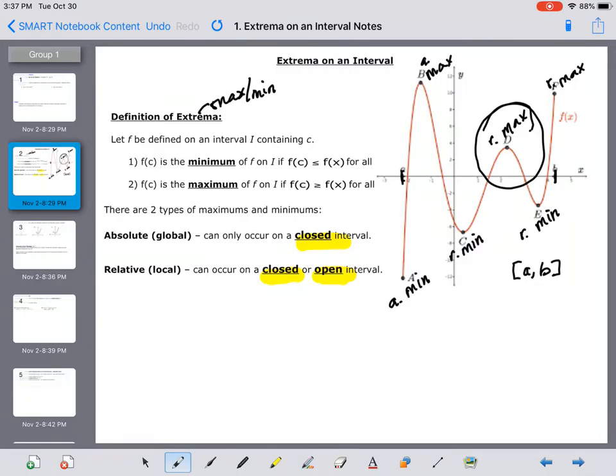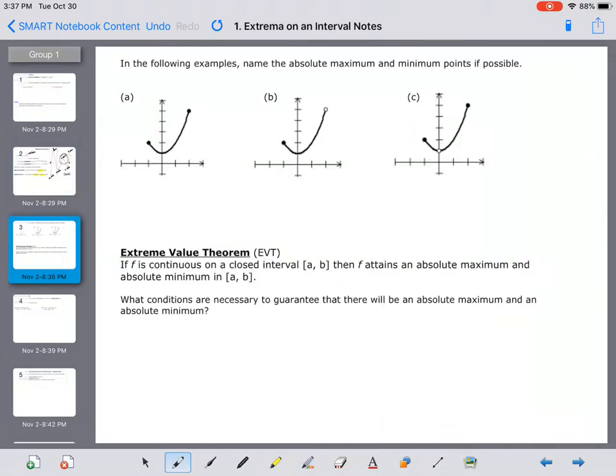Let's look at a couple of graphs. If we look at A, I can definitely see that we have an absolute highest point and an absolute lowest point. So for A, I would say my absolute max, of course the y value, is going to be that point right there: 1, 2, 3, 4, and 5. So a max of 5, and it's going to occur at x equals 2.